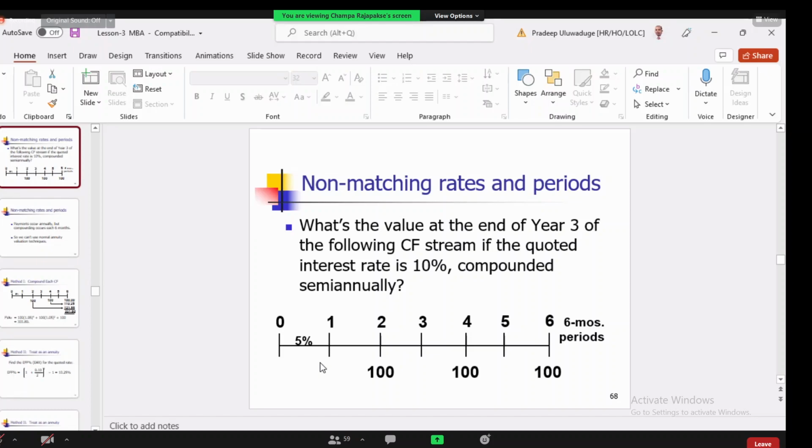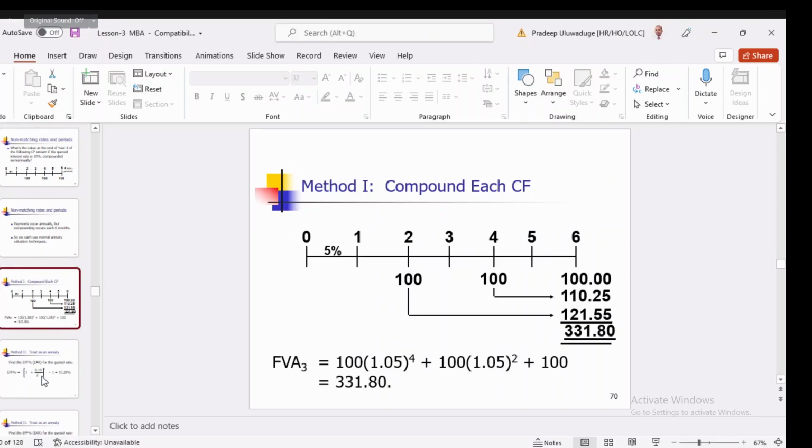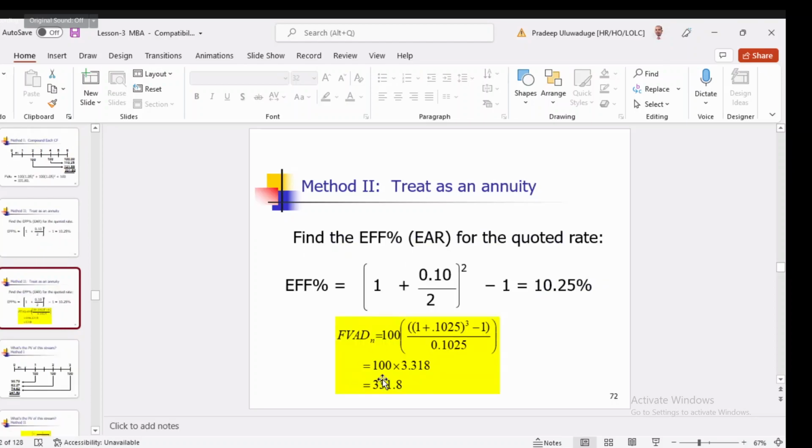Either we can calculate the future value of the cash flows separately, or we can calculate using the annuity formula. In that case, we have to find the effective annual rate and then calculate the future value using the future value of an annuity formula. These are the two methods we can apply when the frequency of compounding and the frequency of the cash flows are different.